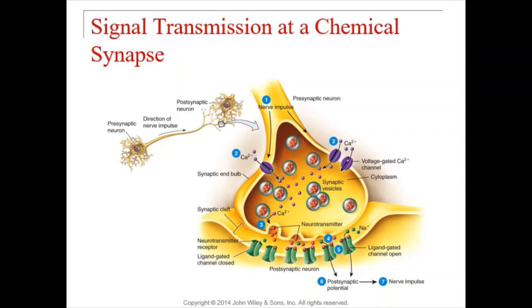Diffusion, like diffusion and osmosis we talked about earlier in the semester. So, diffusion. Another type is called reuptake. Reuptake. And the third type is called enzymatic degradation. Let's go through them. Diffusion, reuptake, and enzymatic degradation.